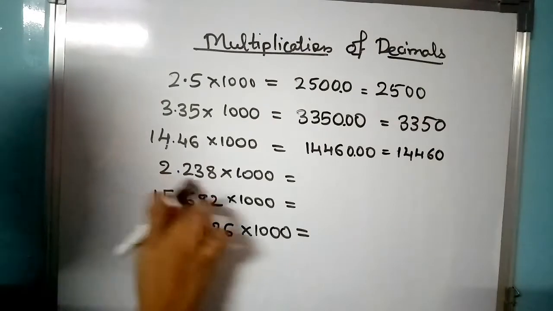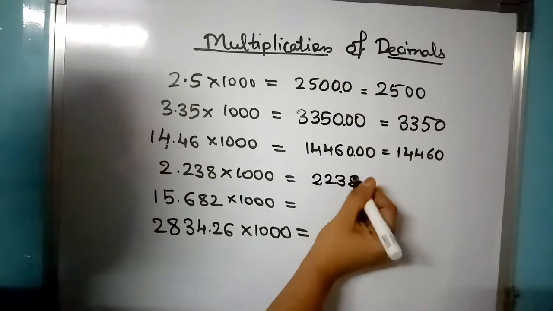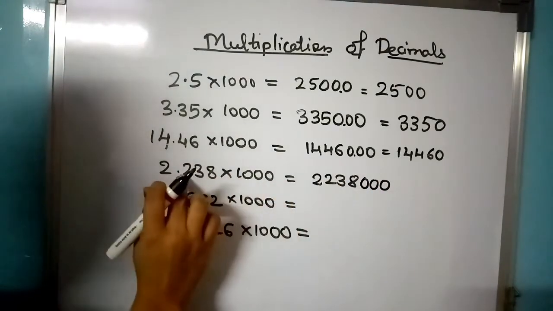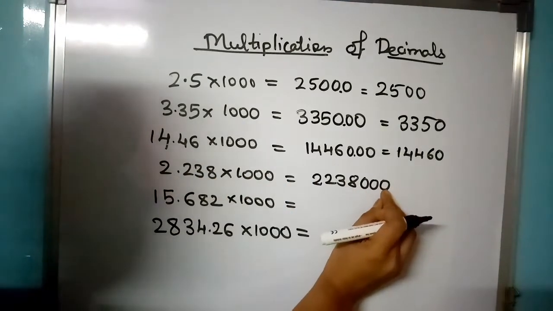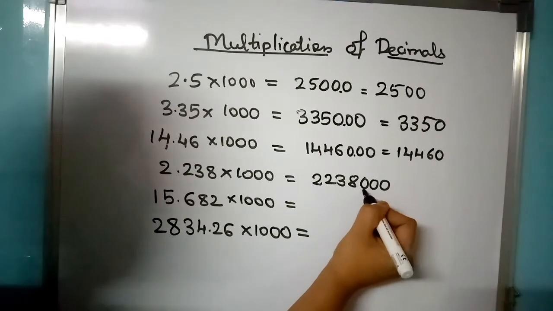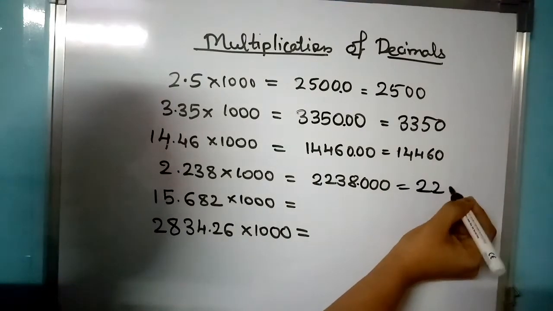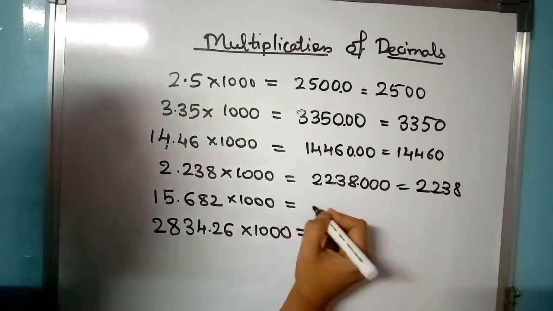Okay, now it is in the same way, 2238 and 3 zeros for 1000. Now 1, 2, 3 places after decimal, so we will leave 3 places from right to left, 1, 2, 3, and so the decimal comes here, and so the answer is 2238.